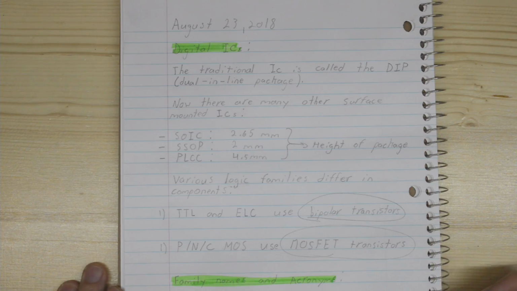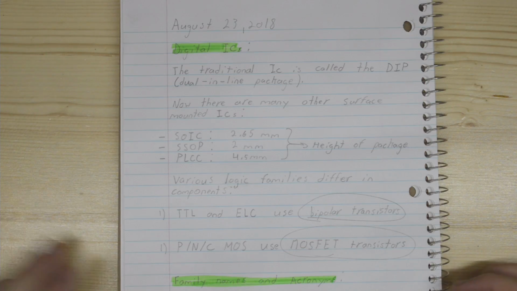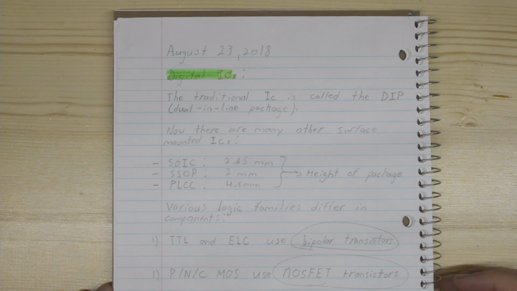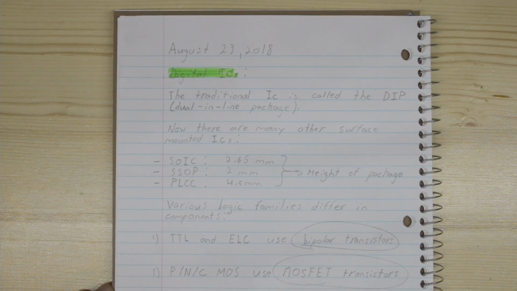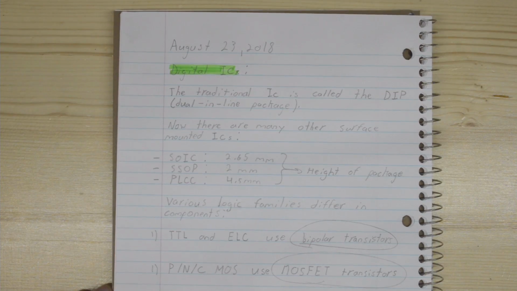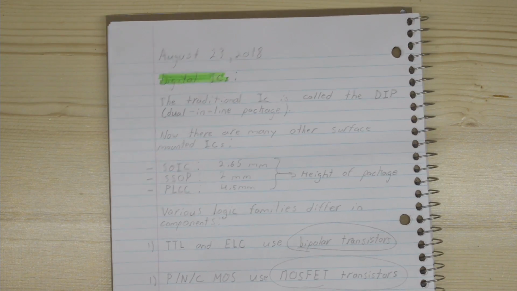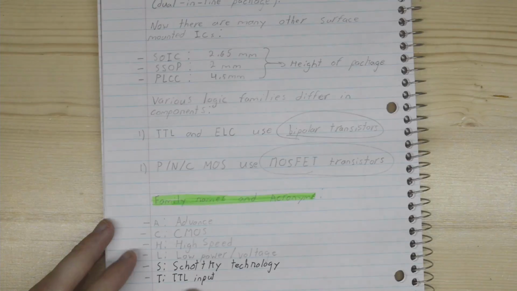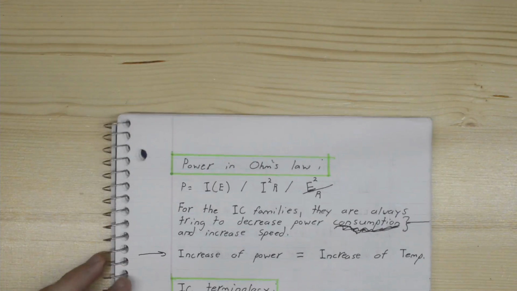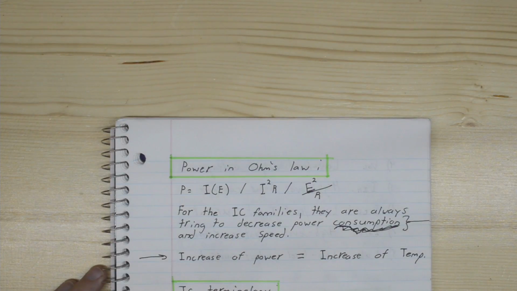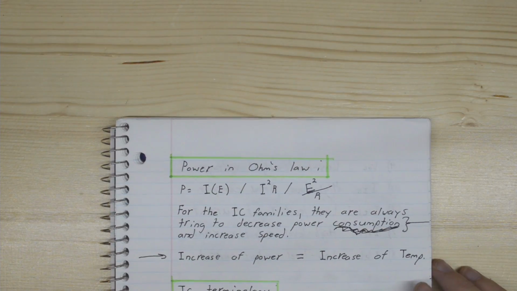What I have written down: digital IC. Traditional IC is called the DIP, dual inline package. And we have different family names and acronyms, which is down here, but that's beyond the point. So, first, TTL families fan out.